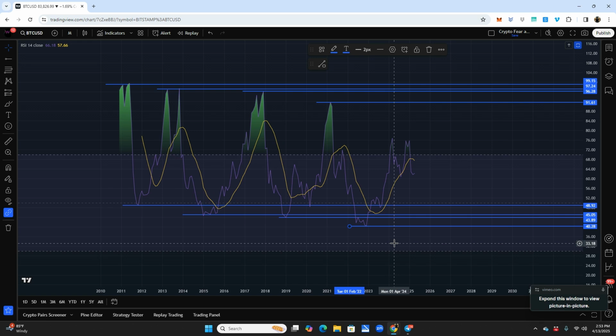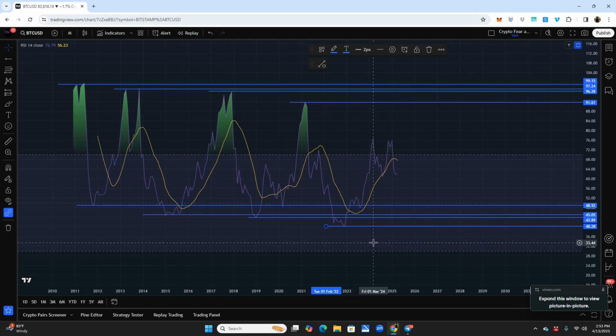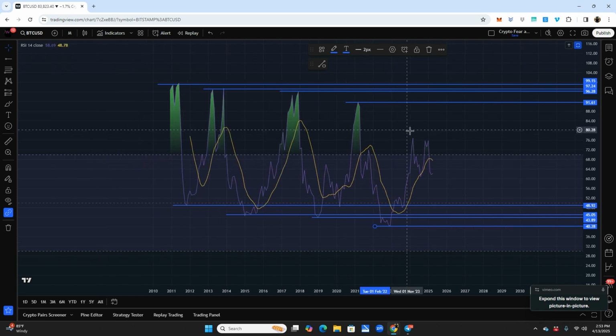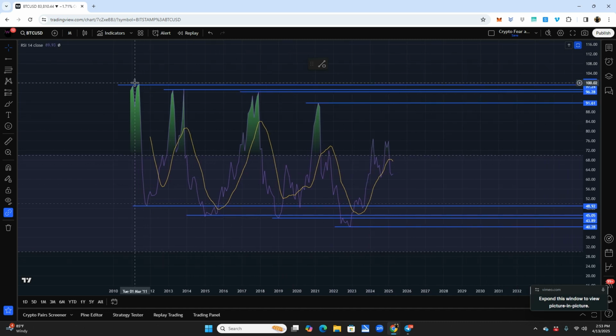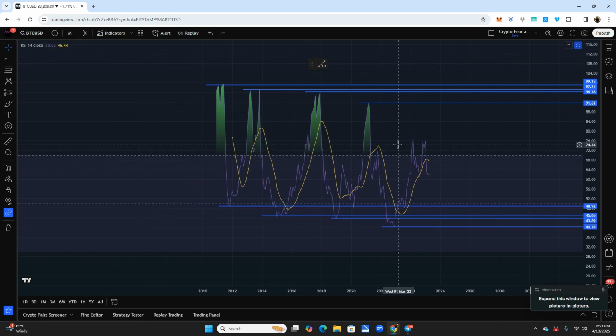So that's the first thing that you notice: it's creating lower highs and then lower lows every market cycle on the monthly. That's one thing that you want to notice.